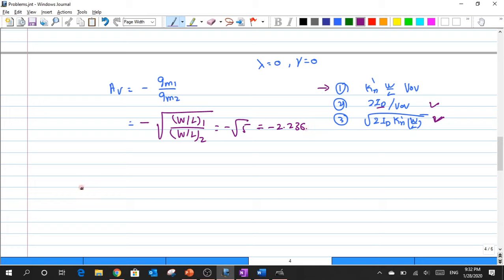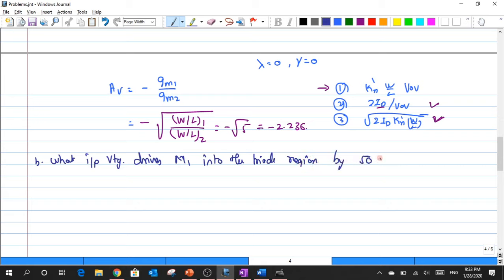Now we'll go for the second part of the question: what input voltage drives M1 into the triode region by 50 millivolt?